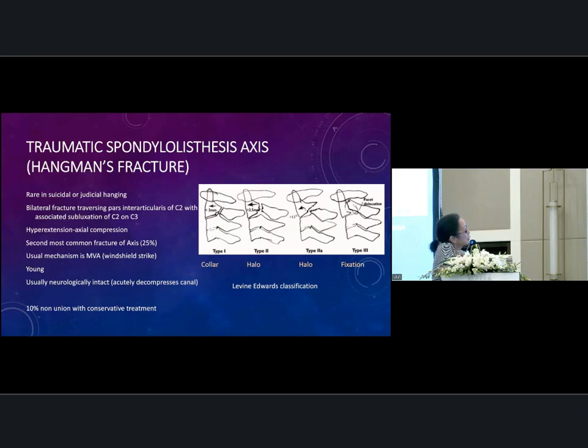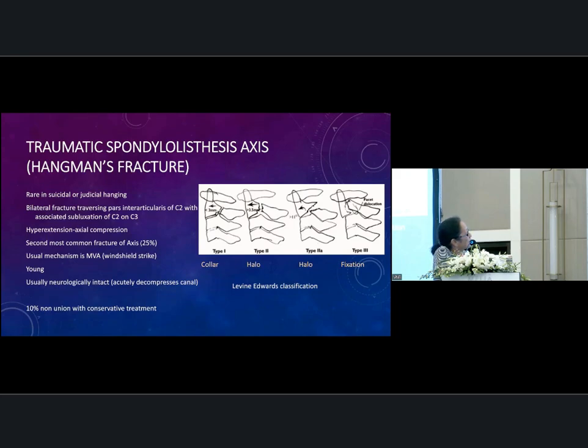Hangman's fracture in the C2 is rare and actually a hanging. It's a bilateral fracture traversing the pars interarticularis of C2 with the associated subluxation usually of C2 on C3. People who hang themselves usually die of brainstem injury.